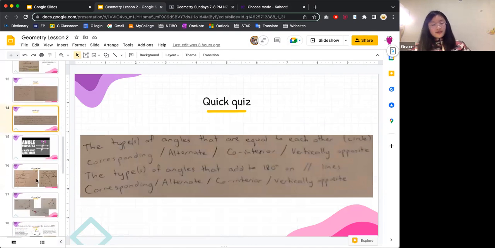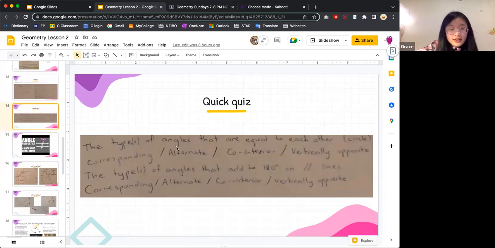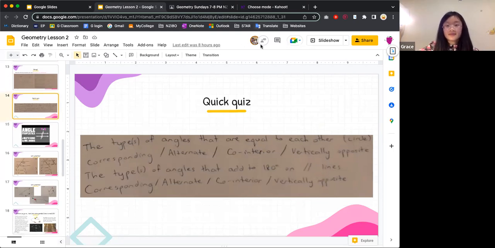Now here's a quick quiz for you guys. Which types of angles are equal to each other and which types of angles add to 180 degrees? So if you want to circle. Yep, nice. Vertically opposite angles are equal.